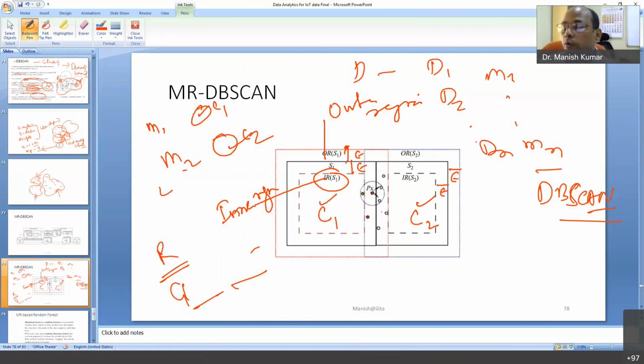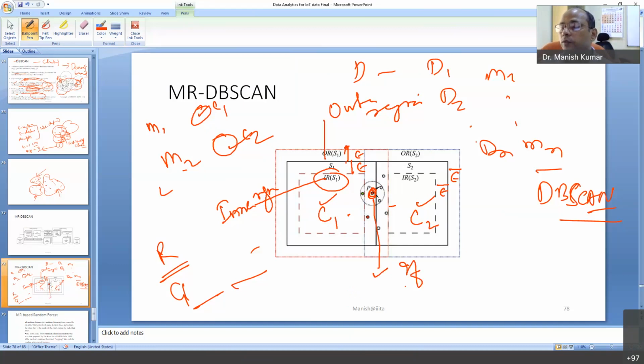Now, where the boundaries of C2 and C1 lie, I can pick some random points P. I'll go for epsilon distance and draw a circle out of it, and investigate this.